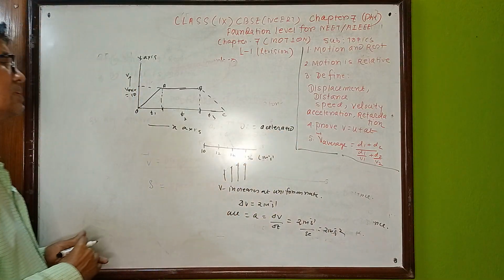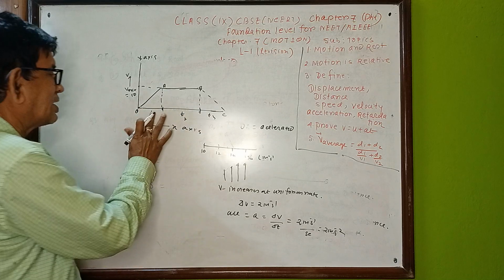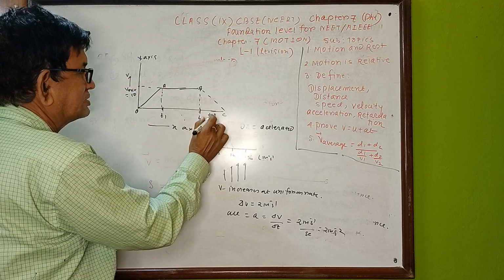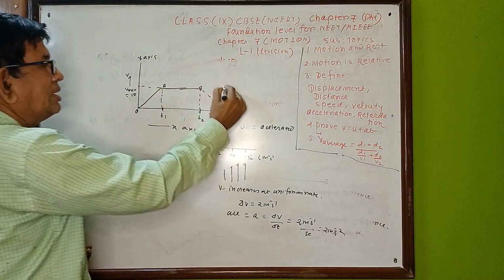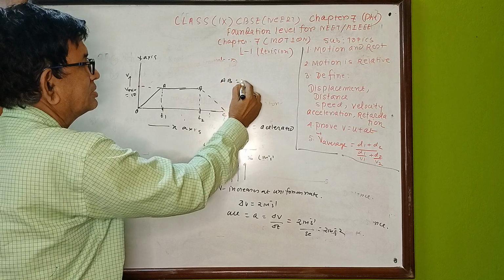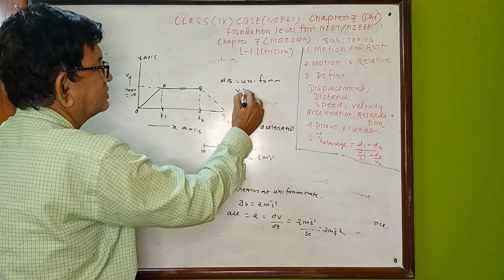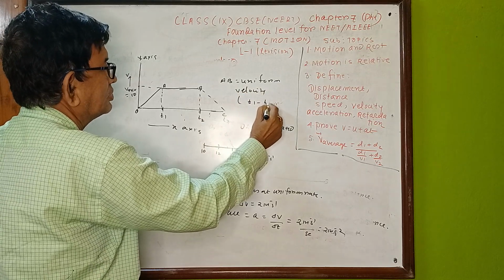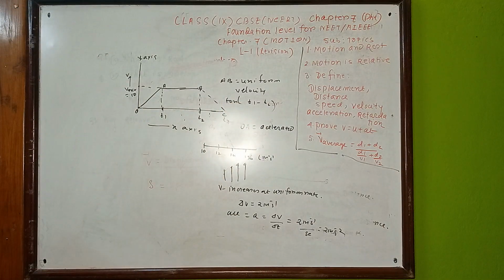Now after that, if velocity remains constant from time t1 to t2, here t1, t2 and t3, so I should say after t1, for AB, uniform velocity. That means for time t1 to t2, uniform velocity.